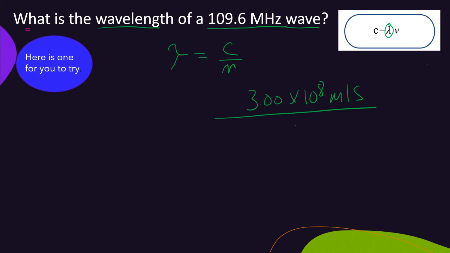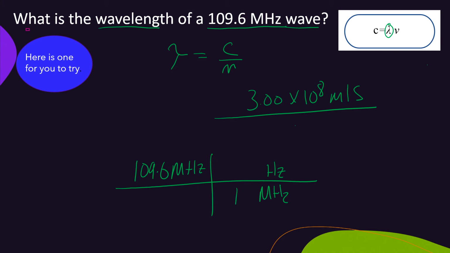So I'm going to take my 109.6 megahertz, converting that into hertz. We know that 1 megahertz is equal to 1.0 times 10 to the 6.